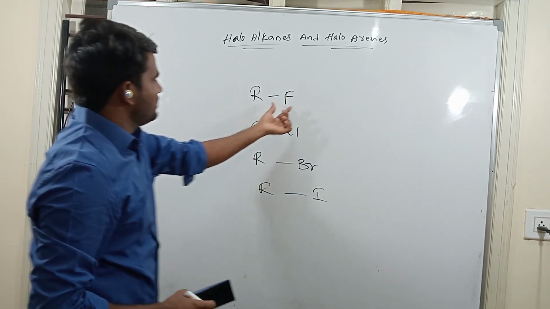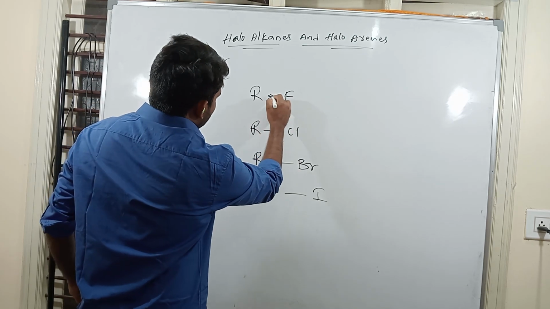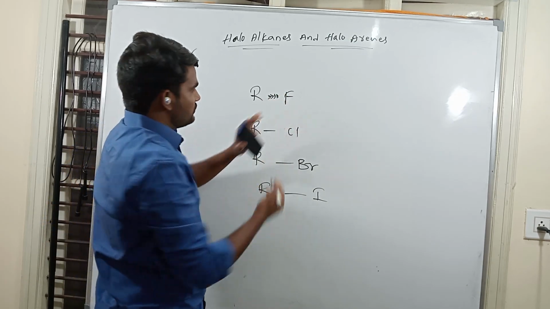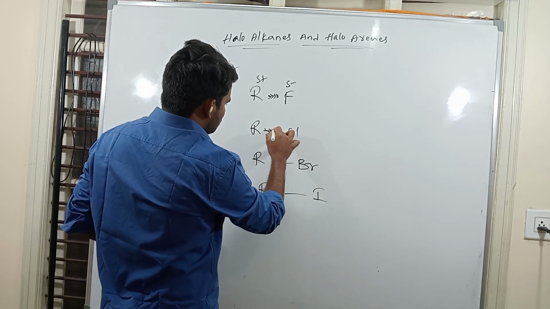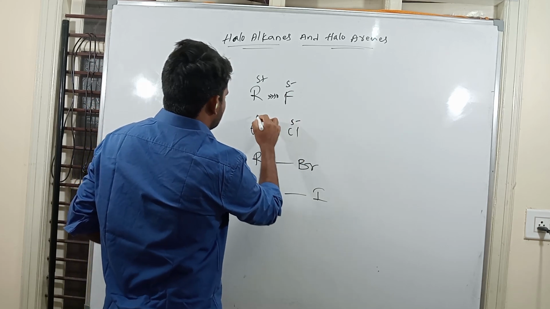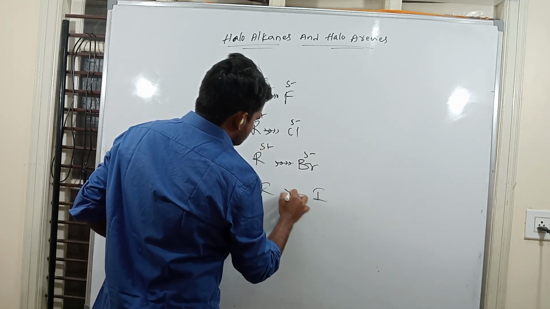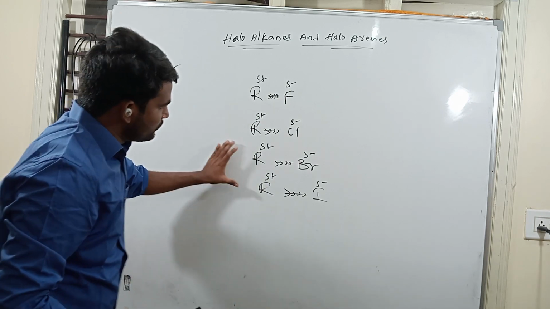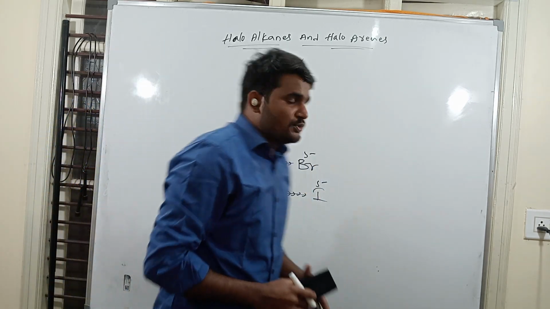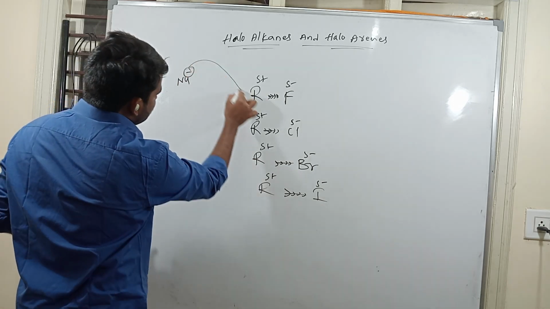We know that already halogens are more electronegative than carbon, dragging the electrons towards the halogen to form a partial negative charge and partial positive charge. All halogens are more electronegative than carbon. Which one is most quickly involved in nucleophilic substitution? The nucleophile comes and attacks the alkyl group.